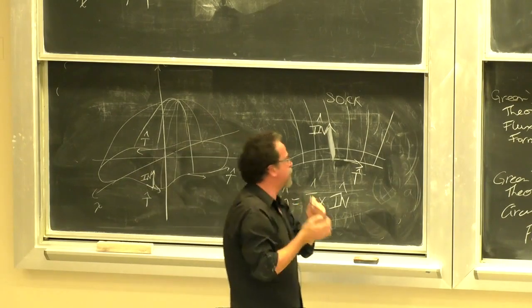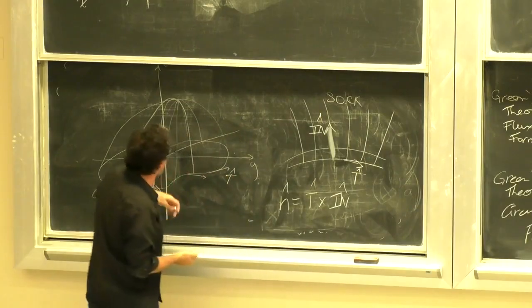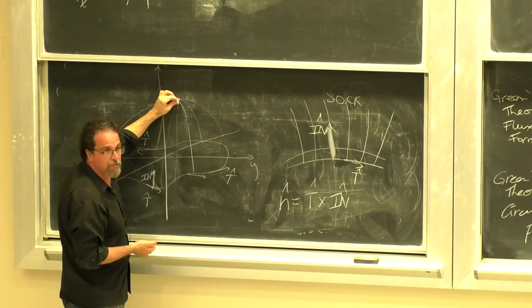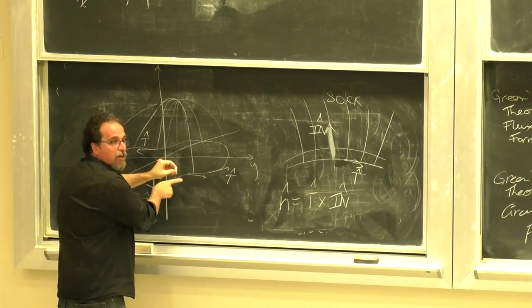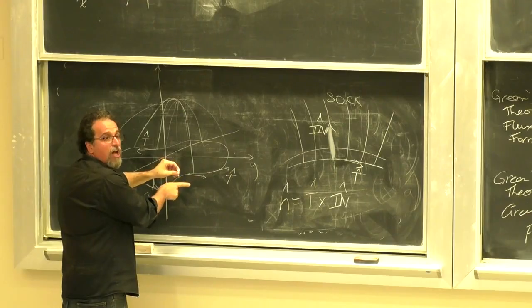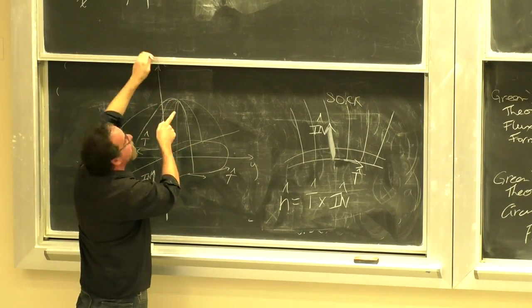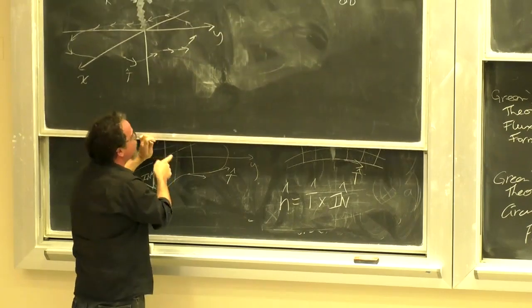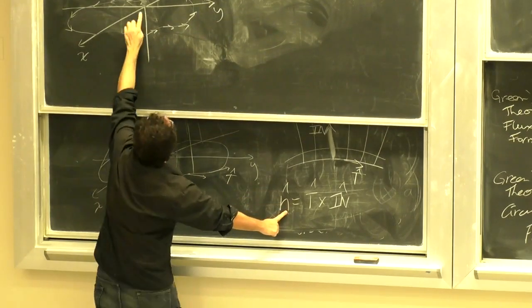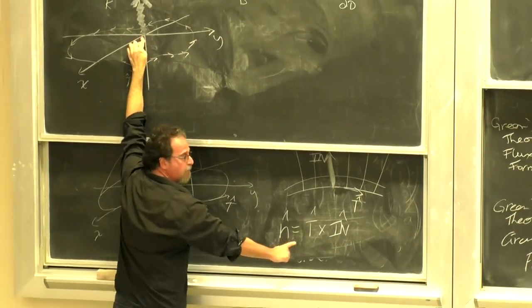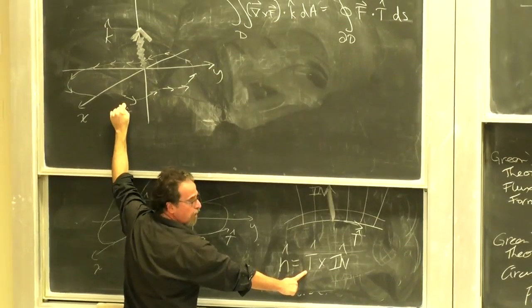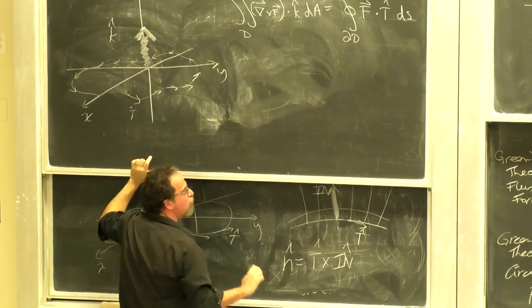What's important is the relative direction of this normal to the surface with what we started off as a counterclockwise tangent vector. And they remain consistent with Green's theorem because the normal gives rise to k hat, but the tangent gives rise to the counterclockwise tangent here. So it's a relative choice.